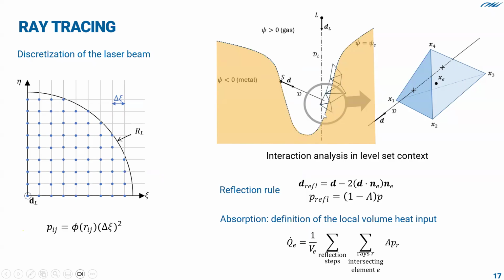So, which is not so obvious if you have a level set formulation in which the surface is not really obvious.